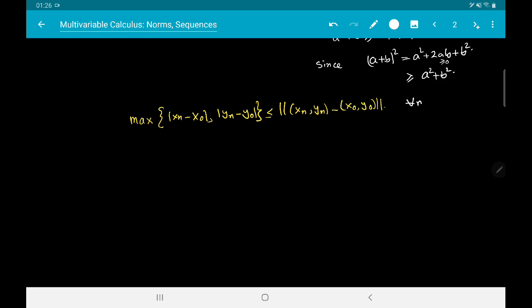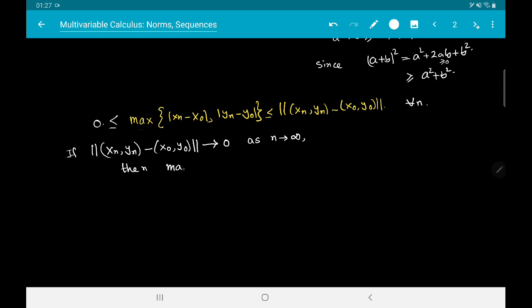This is true for all n, and we also know that this is always bigger than or equal to 0. So if I take the norm of (xn, yn) minus (x0, y0), this becomes a sequence of real numbers. So if this converges to 0 as n goes to infinity, then what do we have?